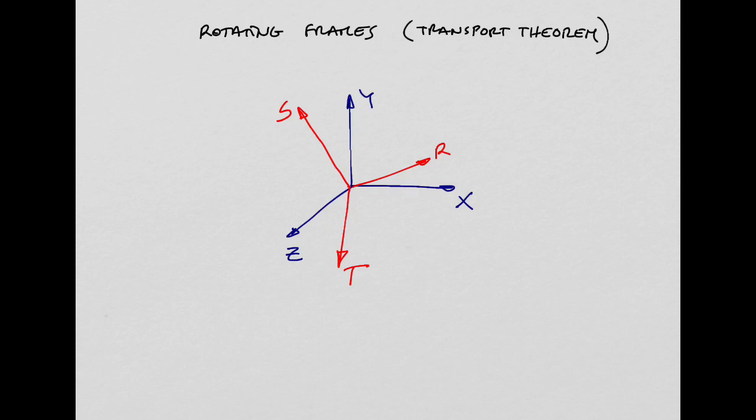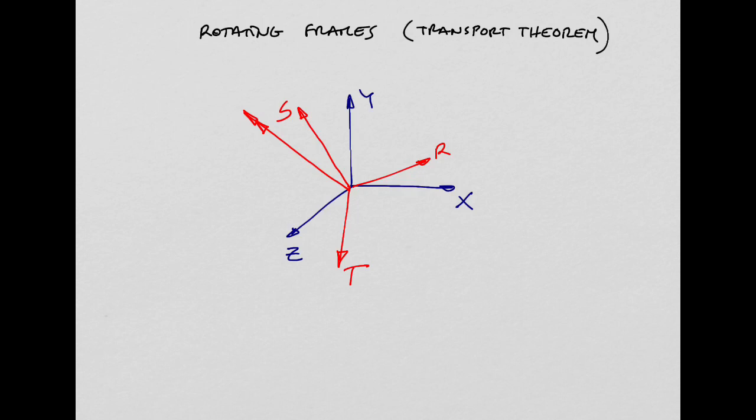And then we have, okay, this coordinate system in red is rotating with an angular velocity, this vector. I'm putting two arrows to mean this is an angular velocity.